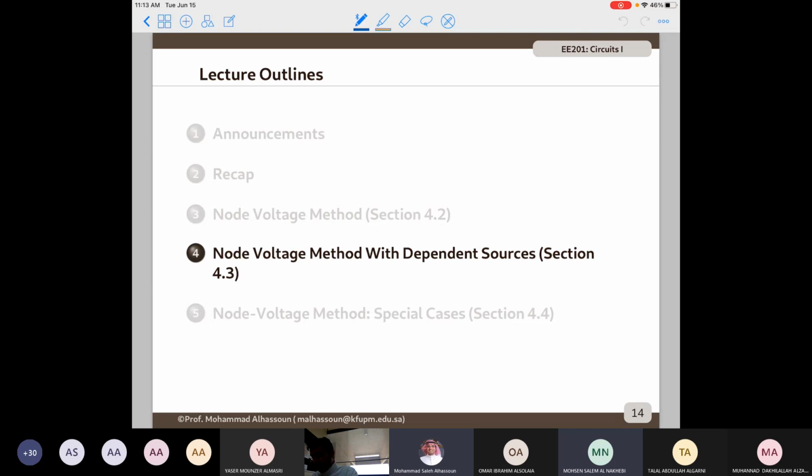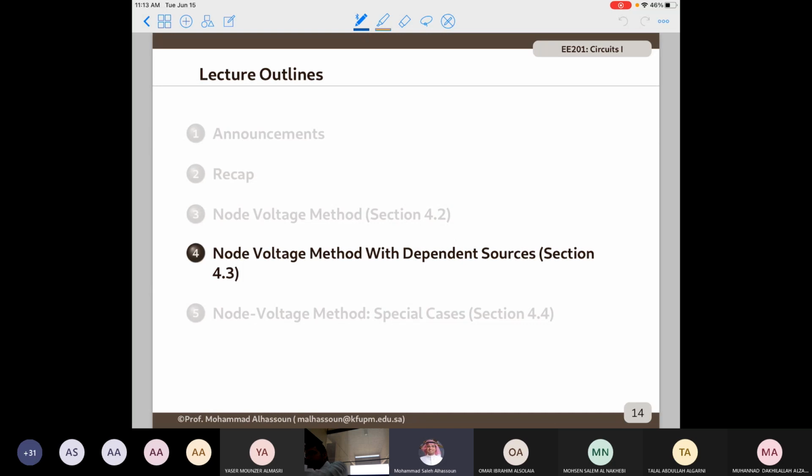Okay, now let's apply node voltage method with dependent sources. So we'll see that if you have dependent sources, the application is going to be exactly the same. The only difference here is we need to add an extra equation. And this extra equation is going to account for the fact that we have a dependent source.